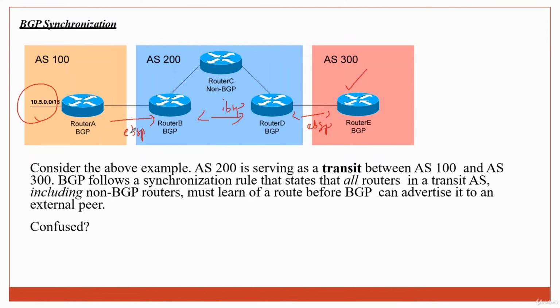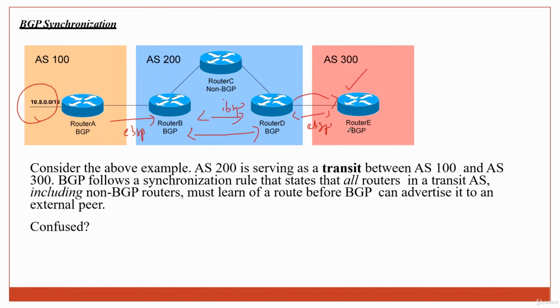So the update will come to B, and then B can go to D, because remember, in BGP the IBGP neighbor relationship does not require physical connectivity. So these BGP relationships can form over non-connected interfaces as well. That means I can have the IBGP relationship between B and D.